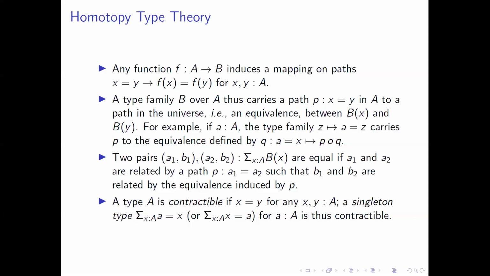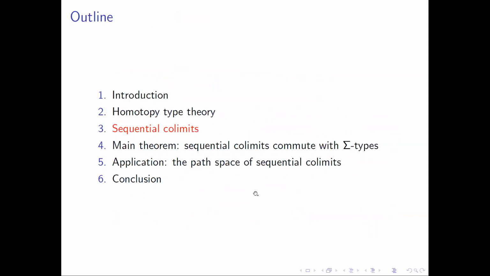And using the information on this slide, it is in fact very easy to show that any singleton type is contractible. So this is pretty much all the homotopy type theory we will need to carry out our technical development. So in this sense, our treatment of sequential colimits is completely elementary.